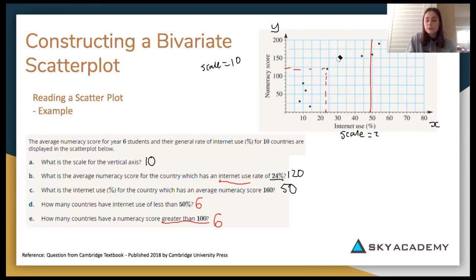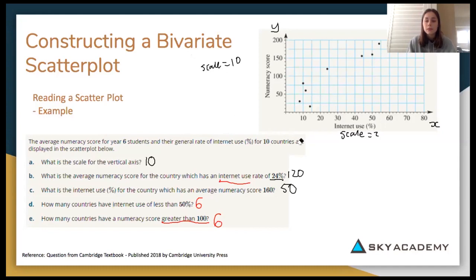So there's not a question for this, but if there was, are we determining a relationship between the two? I would say yes, there is a relationship between the two. If I had drawn a line there, mirroring where the dots are going, so that line is a reflection of the dots, we can see that as internet use increases, the numeracy score also increases.